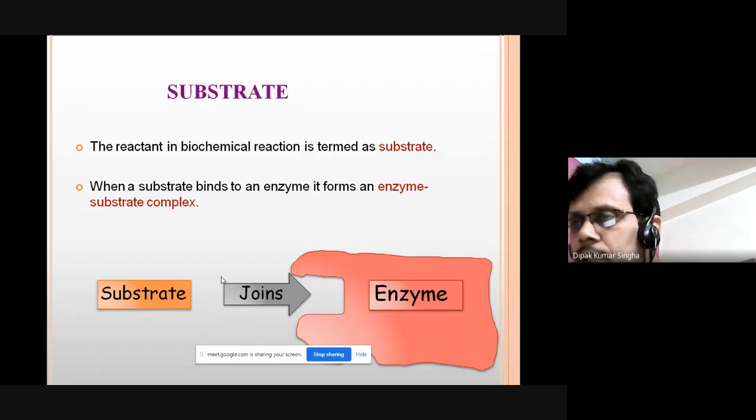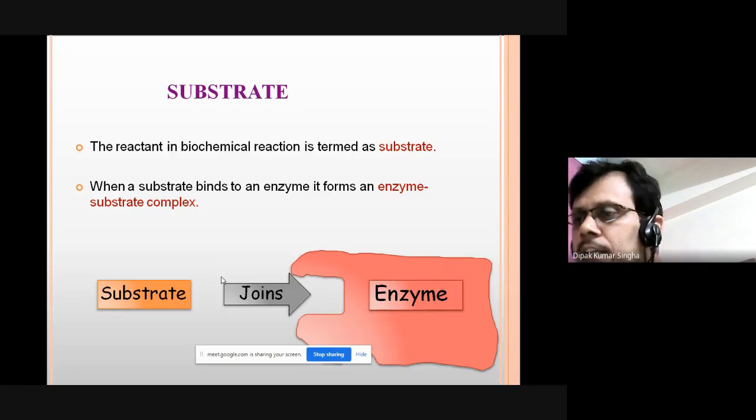Pepsin, trypsin, erepsin act on protein-like substances, that is, the protein substrate. Lipase acts on lipid substances. The reactant in the biochemical reaction is termed a substrate. Suppose glucose or maltose is the substrate, then always the enzyme maltase acts on this.